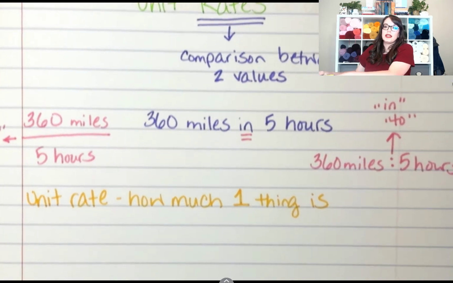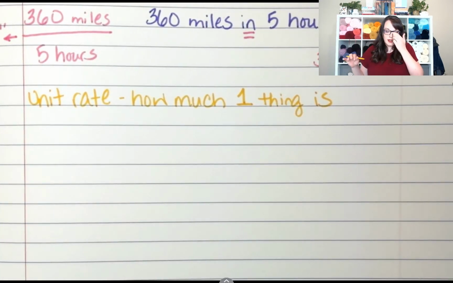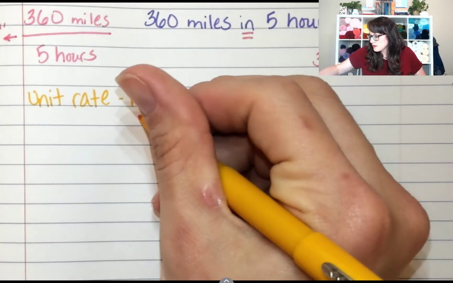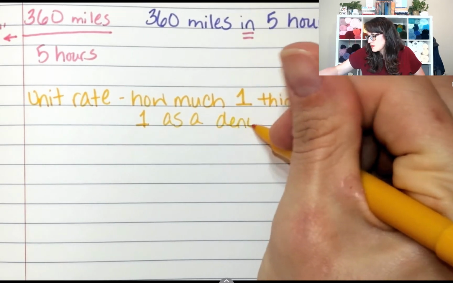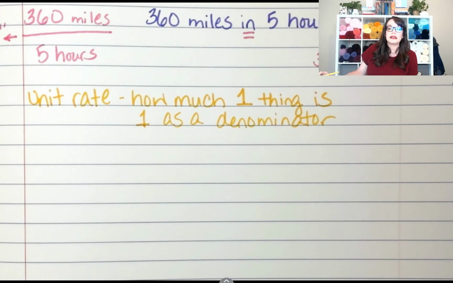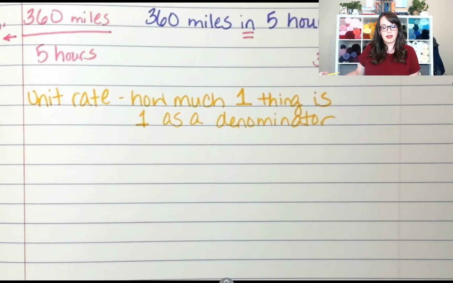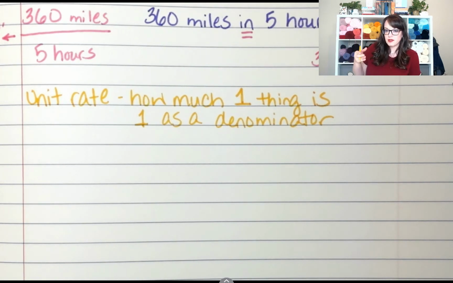So if you're writing your ratios as a fraction, a unit rate has a 1 as the denominator. A speed limit sign is a unit rate because it says miles per hour. So if the speed limit is 60 miles per hour, every hour you travel 60 miles. That's how our speeds are calculated.